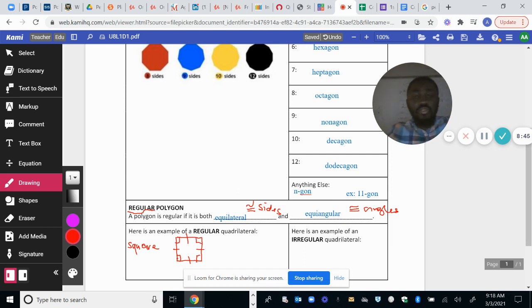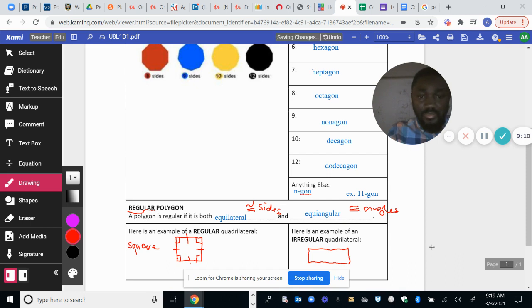And it's irregular if the sides are not equal, or the sides are equal and the angles are not equal. So the example here of an irregular one is a rectangle.